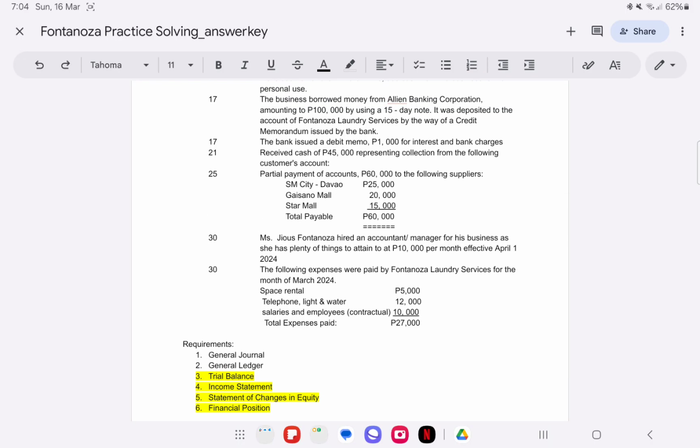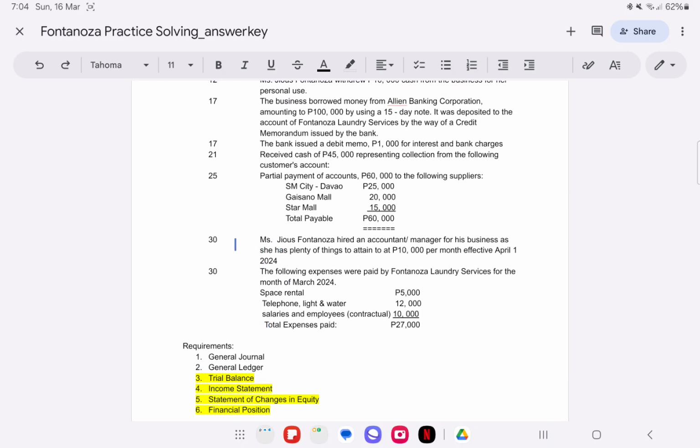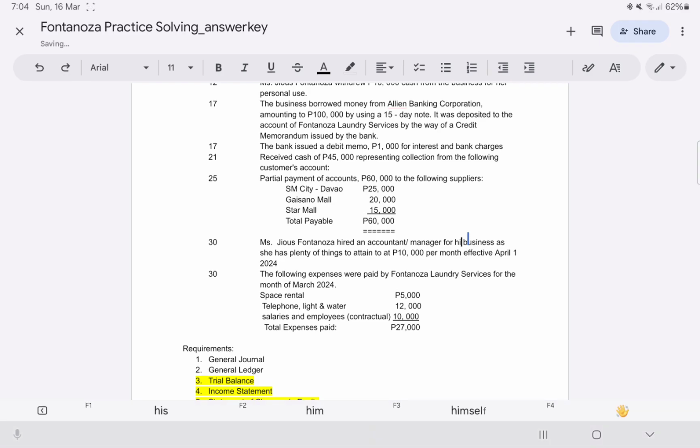Okay, so next is 30. Miss Gius Fontanoza hired an accountant manager for her business as she has plenty of things to attend to, at 10,000 per month effective April 1, 2024. So, what's your analysis? Do you think there is a transaction here or not?